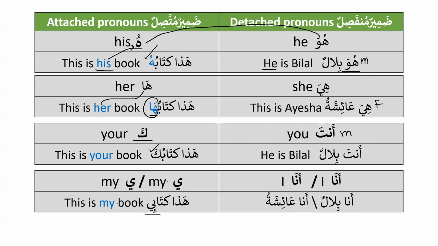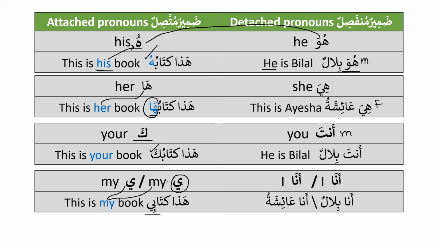This is my book. So is it for Bilal or is it for Aisha? When he or she says hadha kitabi, who is it used for? Is it used for Bilal or Aisha? Yes, it is used for both. Excellent. So we say hadha kitabi.